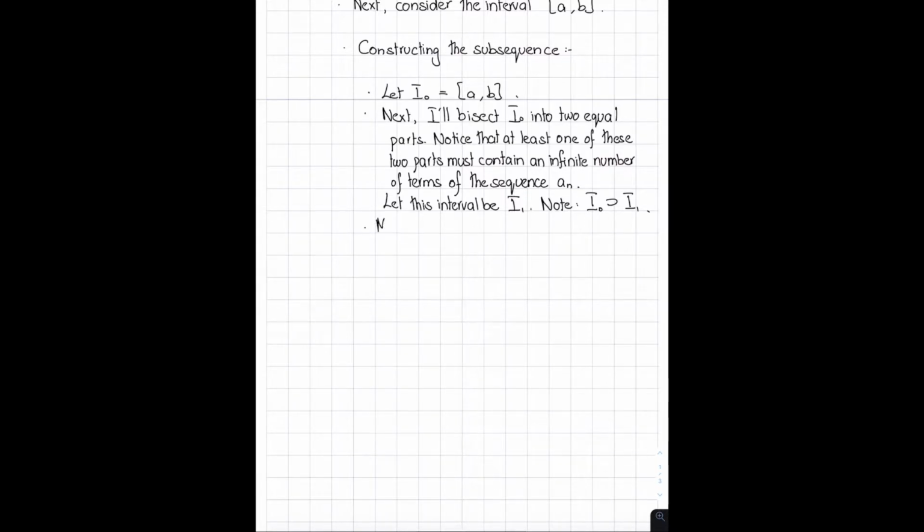Moreover, continue this process inductively.